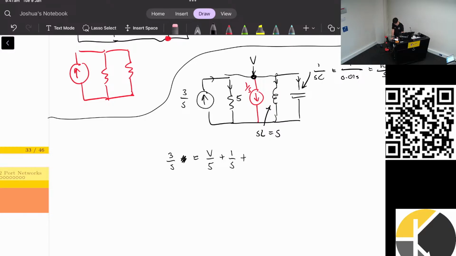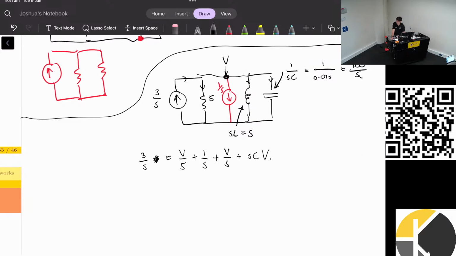Should be voltage over current. Yeah, V on S. And then this one will be V on 1 on SC. So this is SCV.